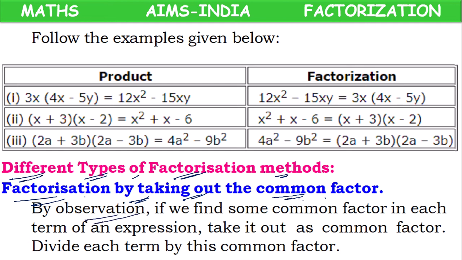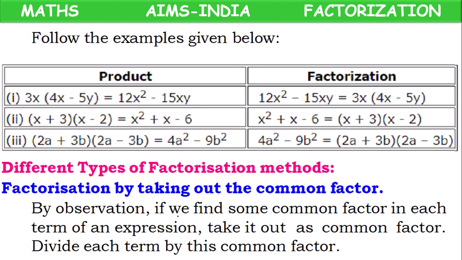Just by observation, if we see the expression, we can identify some common factors in each term. We have to take them out as common factor. Or we can divide each term by the common factor.